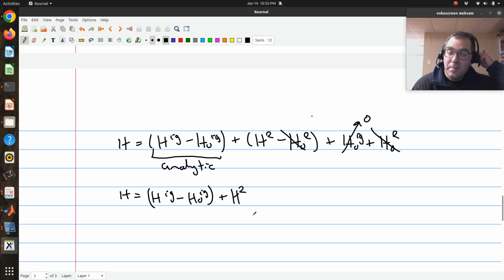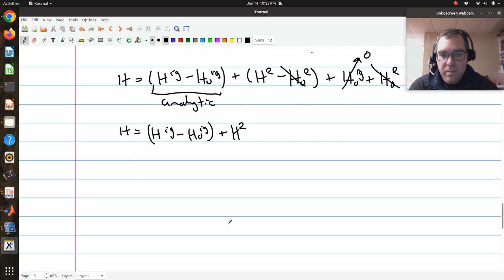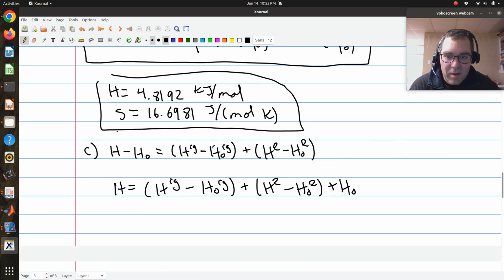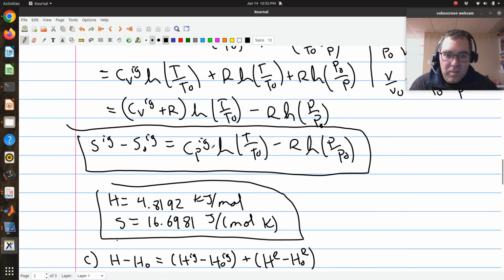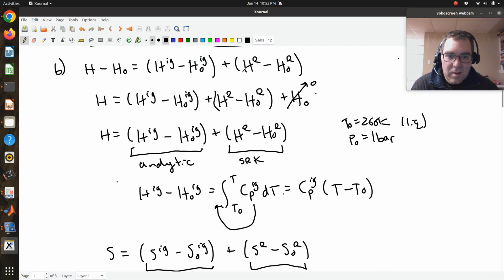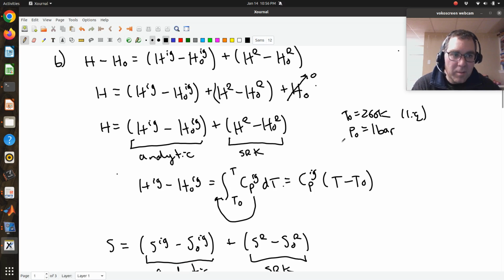We computed that in part A. And then this is just my ideal gas difference, which we computed in B. And then I end up with the same thing for S. So this could be S ideal gas minus S naught ideal gas plus SR. Now this is going to be the same difference we computed in B. Then HR and SR is just what we computed in A. And so this is delta S, right? Is this equation? Delta H, that's just my CP delta T for this problem.